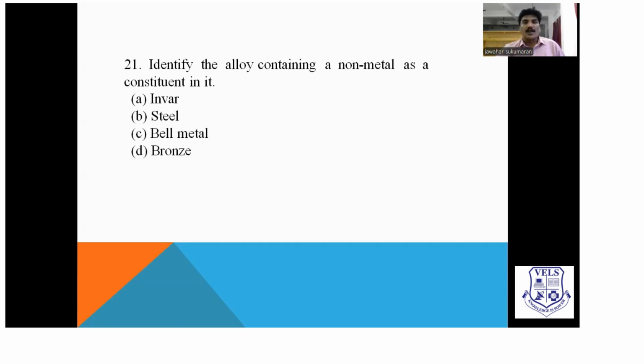Identify the alloy containing a non-metal as a constituent in it. A. Invar, B. Steel, C. Bell metal, D. Bronze. Which one? B is the correct answer. Steel. Okay. Non-metal as a constituent in it, steel.